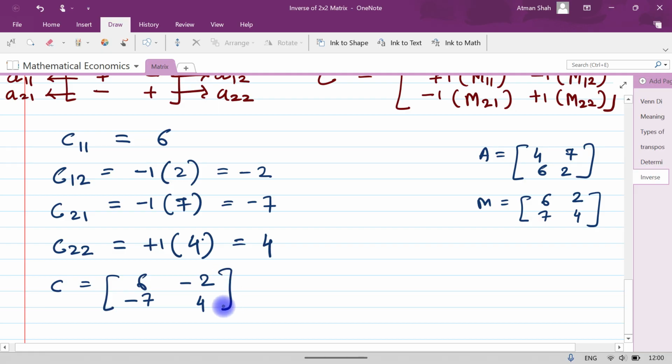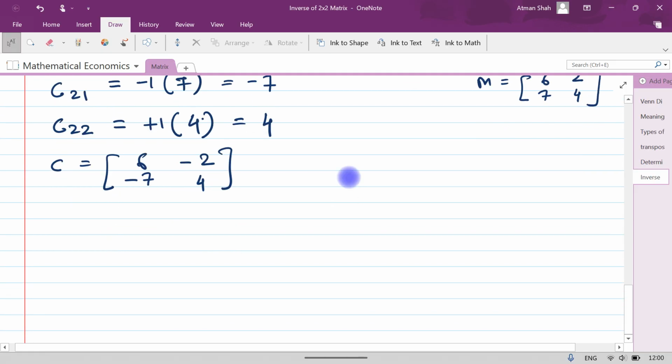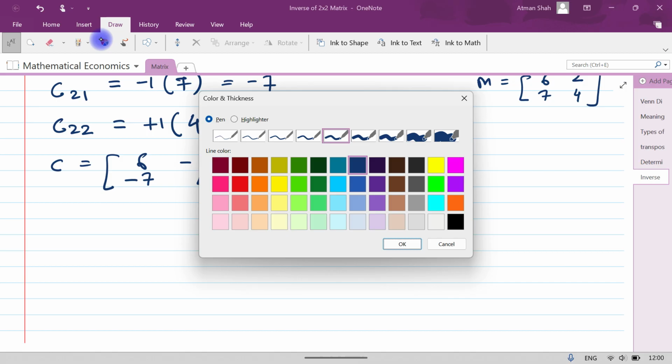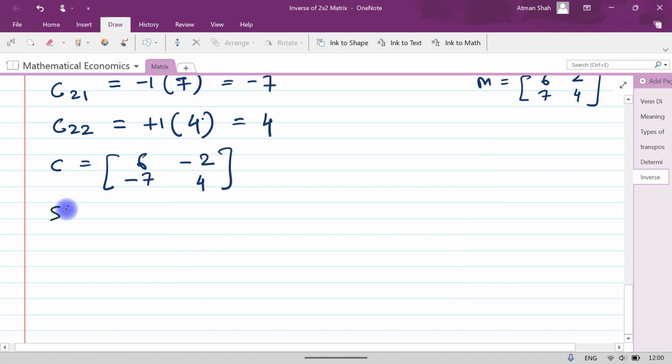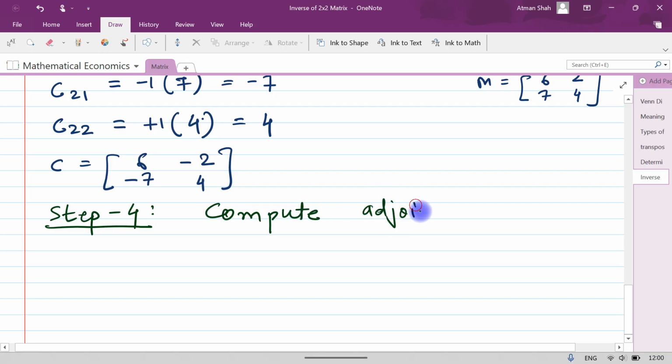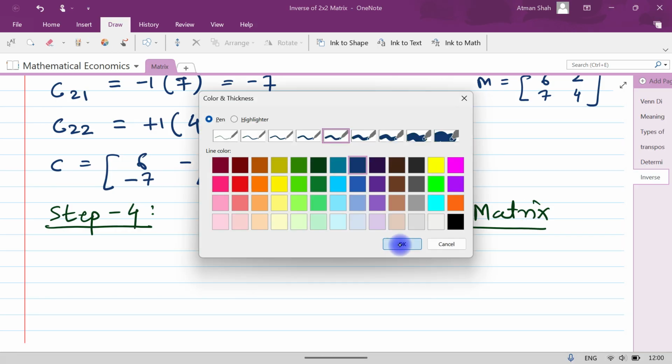Now step 4, compute the adjoint matrix. So what is the adjoint matrix?